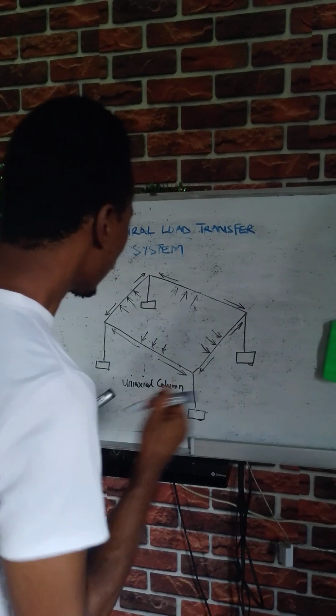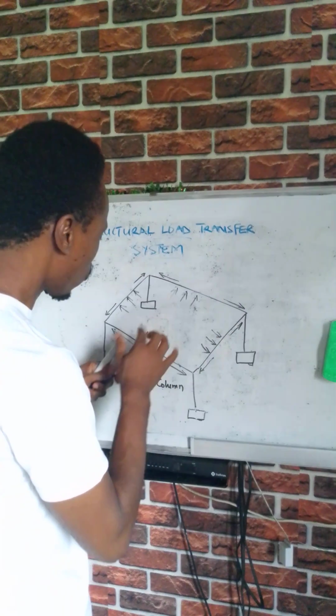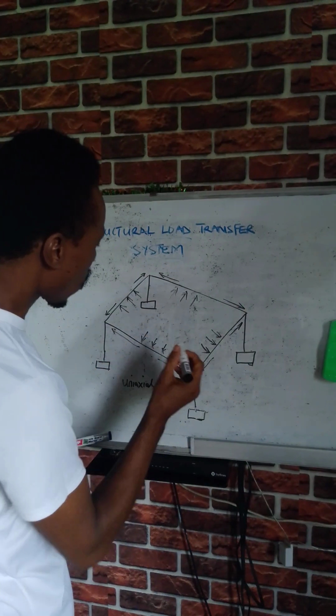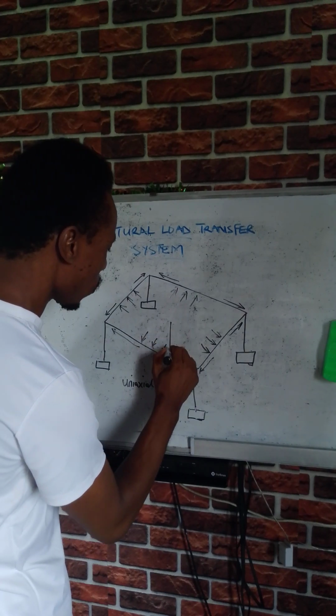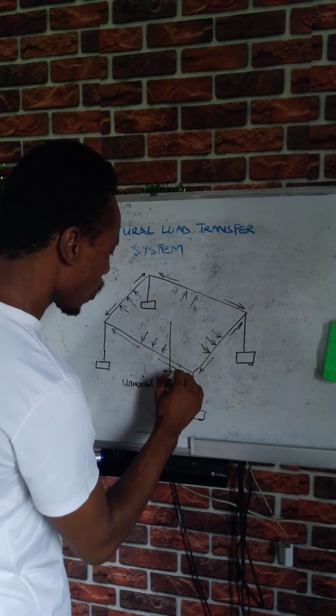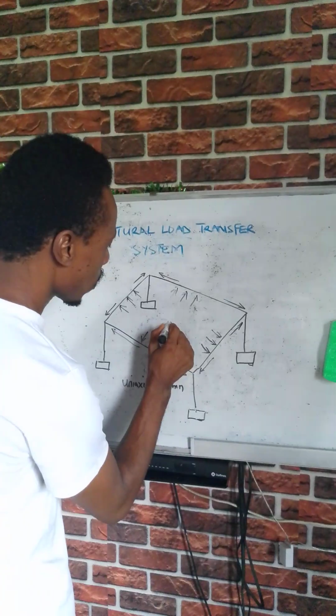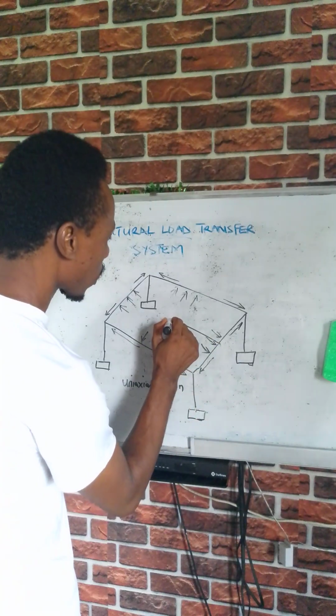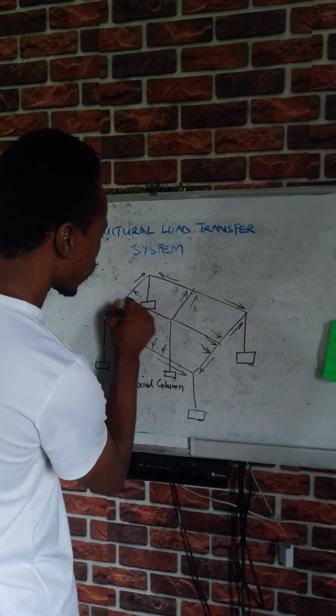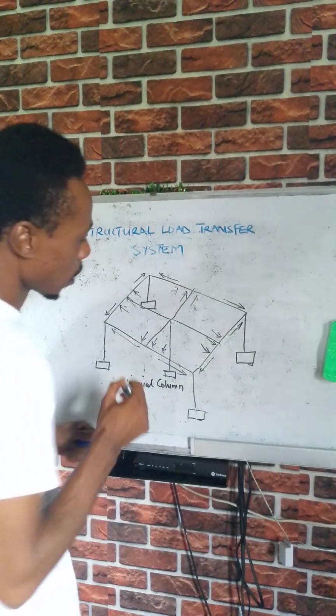Now there are some cases where, for example, in this structure, we have a column here at the middle. We have the base here. We have beams this way, this way, this way, and this way.